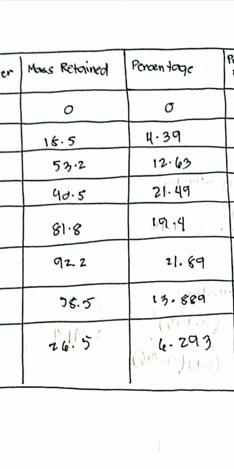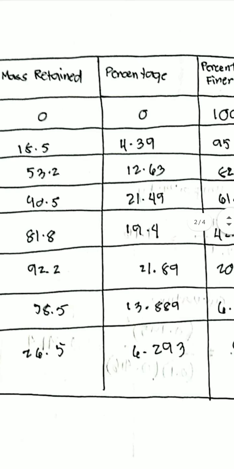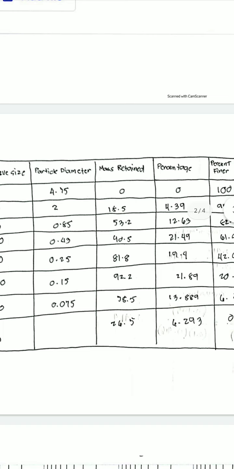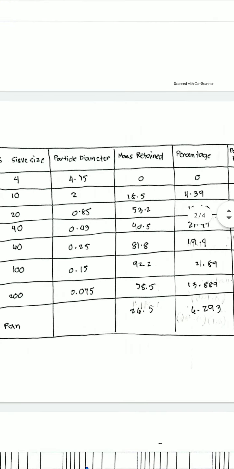So to get the percentage of the mass retained, we divide the mass retained in every sieve size by the total mass of the soil. At sieve size number 4, mass retained is 0, therefore the percentage is 0.